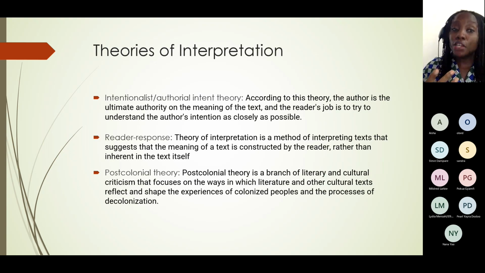And there are theories of interpretation to guide the way you interpret your texts. Depending on your belief in terms of the theories that are available, you can use a certain means towards arriving at your interpretation. These are just a few. So there is the intentionalist or authorial intent theory. You don't need to really worry about these, but I just want you to be aware of these theories that exist.